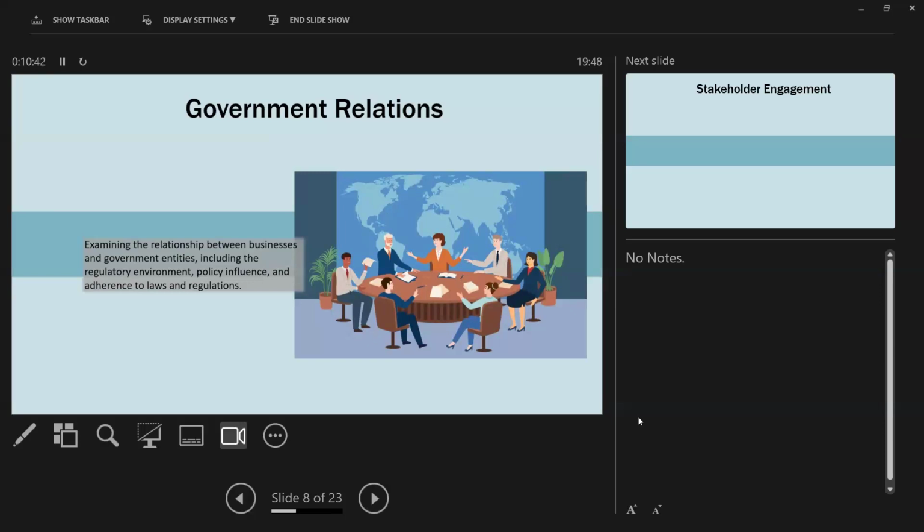So this means examining the relationship between businesses and government entities, including the regulatory environment, policy influence, and adherence to laws and regulations. So obviously, when a company is operating, there are some relationships that they have with the government. They must have a regulatory policy that they must adhere to, and laws that they must adhere to also, right?